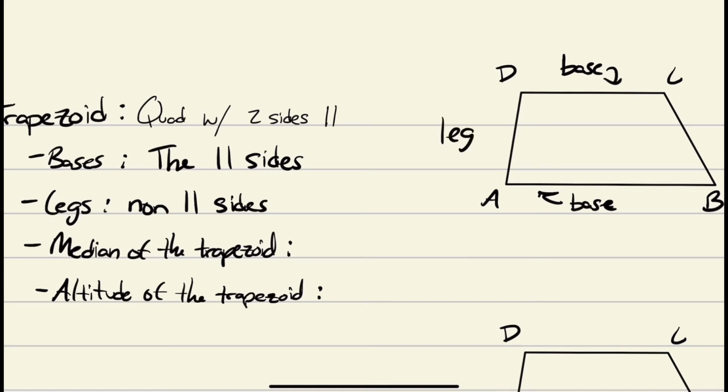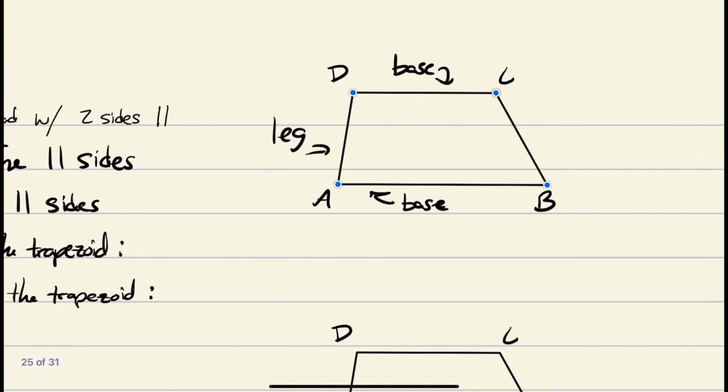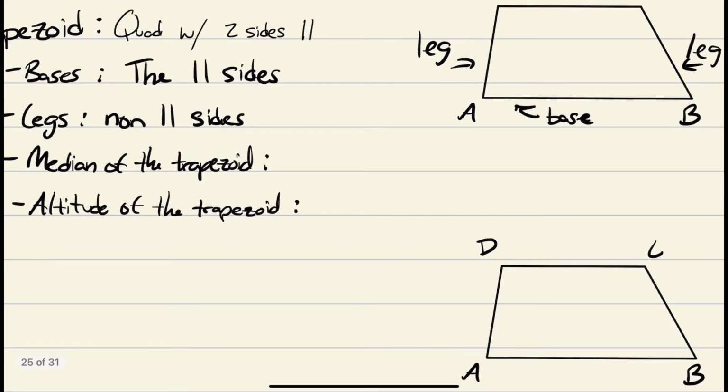The median of a trapezoid is a little bit different than a median of a triangle. A median of a triangle is a line coming from a vertex bisecting the opposite side of that triangle.